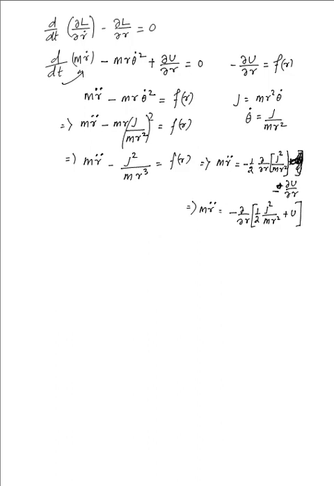If you are confused with what I did over here, let me give you a hint. Del by del r of j square by m r square: I have put a minus half over there, so what this operation does is, because it is r squared, this is minus 2 j square by m, and obviously they are constant terms.